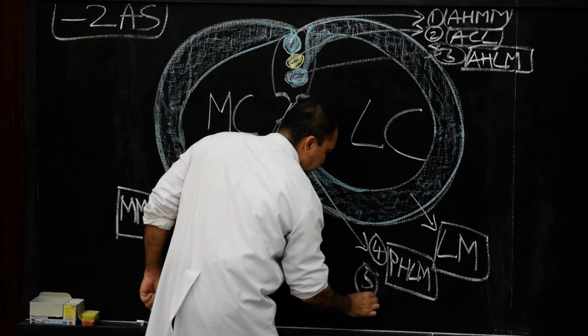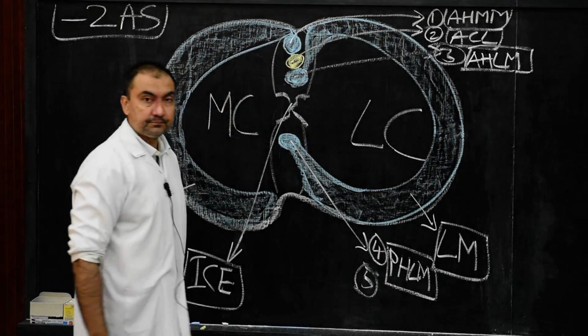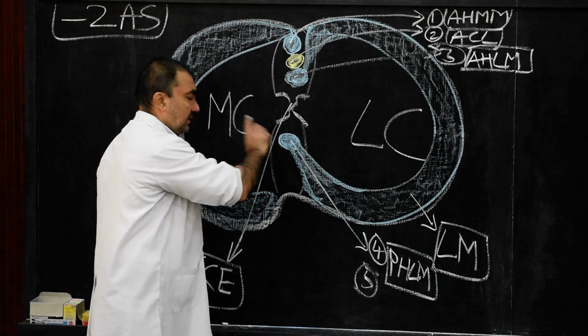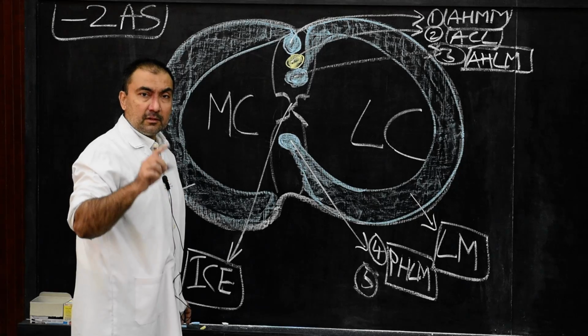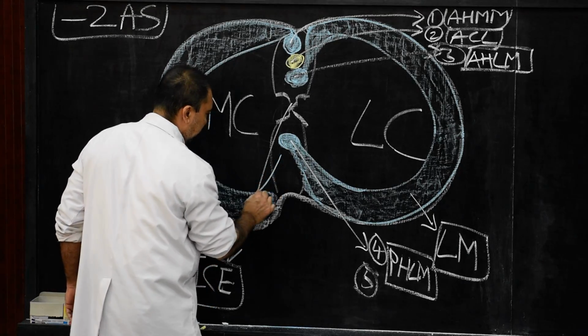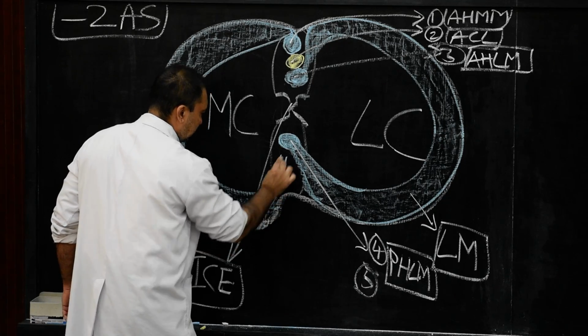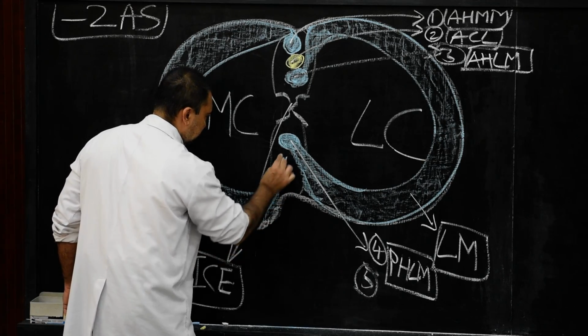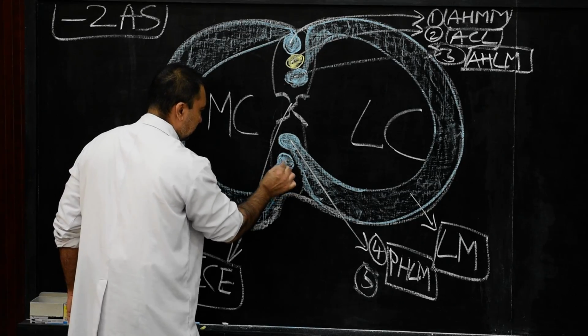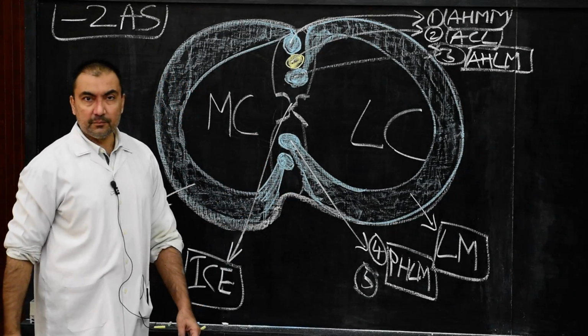Then we will mark structure number 5. That structure number 5 will be the posterior horn of the medial meniscus. So this medial meniscus will end here in this way. This is how the medial meniscus will end. And here we are drawing the posterior horn of the medial meniscus.